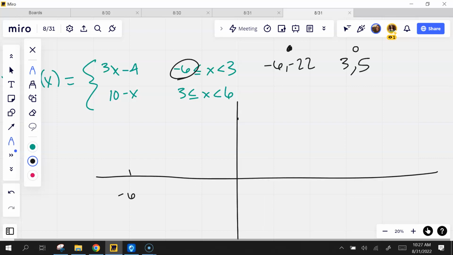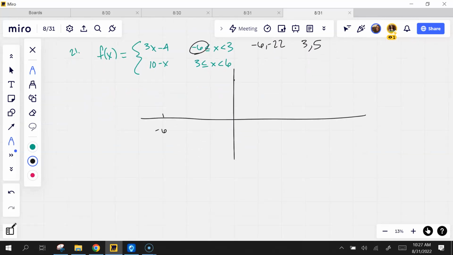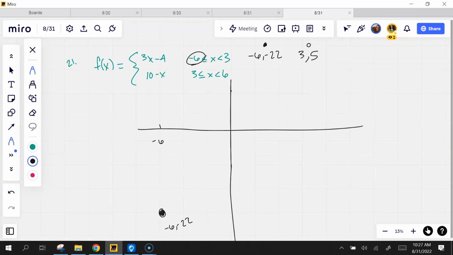Pretend like this is -6. Pretend like this is -22. This is -6, -22. I'm counting down that thing. And then 3, 5. Does that make sense? Oh.